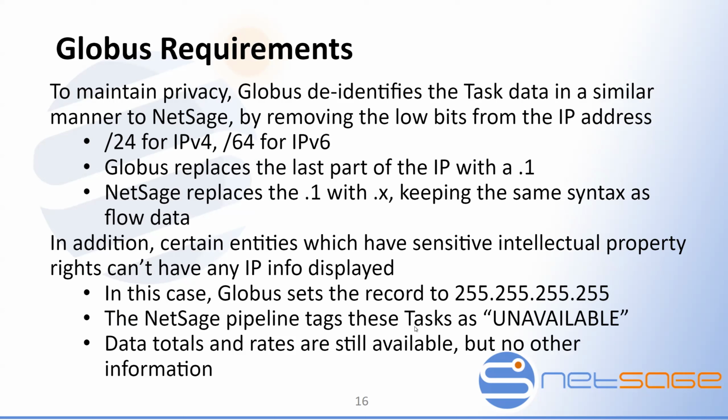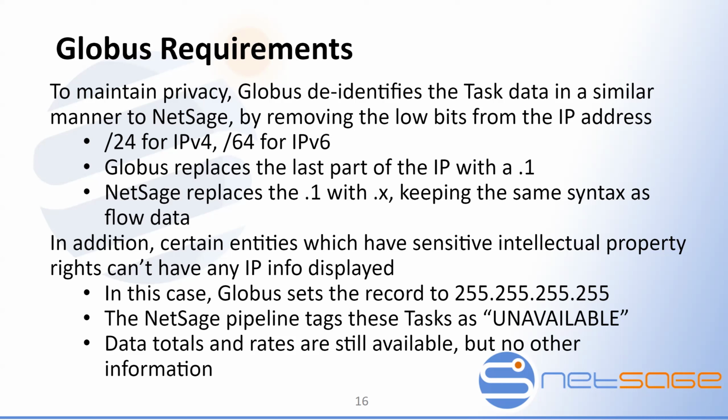I touched on this a little bit when I was showing off dashboards: to maintain privacy, we go ahead and de-identify flows down to the low order bits. Globus is already doing that because they're sending us this file. It's a plain text CSV, but they don't want to give out direct endpoints either. So to make it work with the pipeline, I said, well, why don't you just make everything a .1?